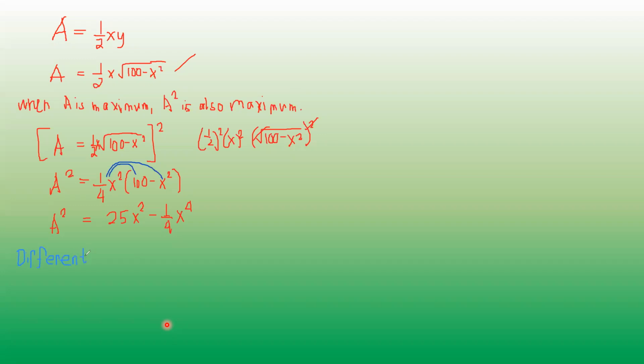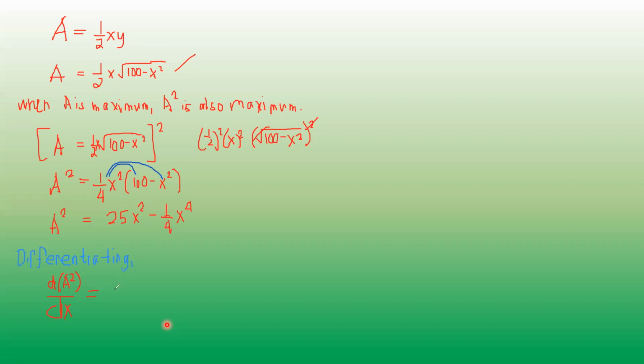Siya kasi ay symbol for area. Kasi ang pinaka-equation natin. So differentiating, so we will have the derivative of a squared with respect to x. Kasi our equation is expressed as, diba, equation in terms of x tayo kasi. So equals, differentiate tayo.